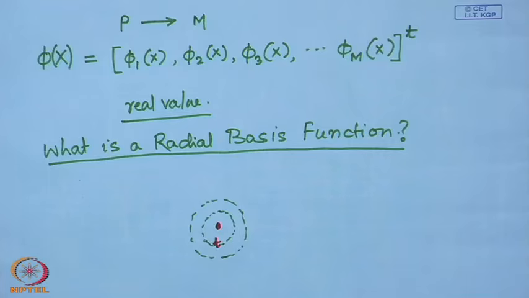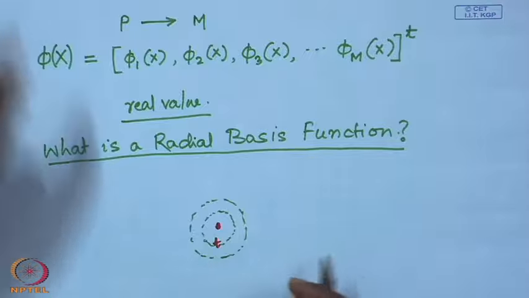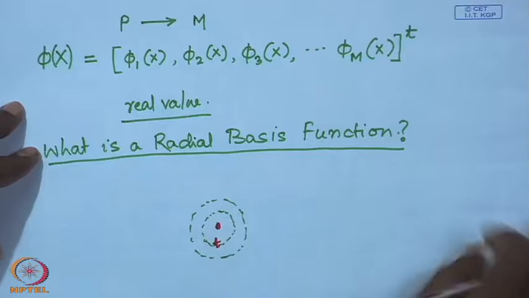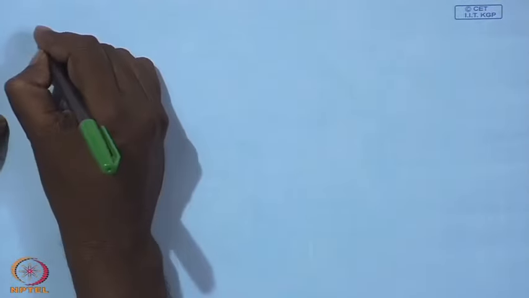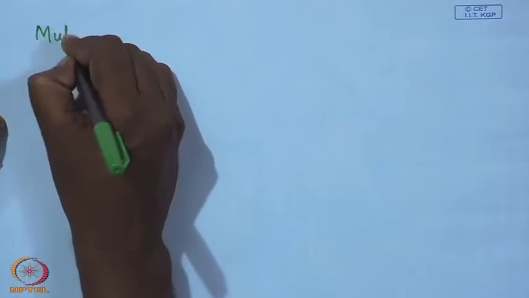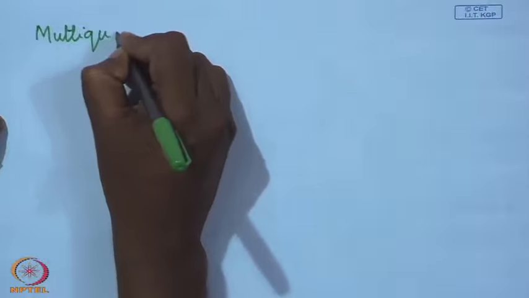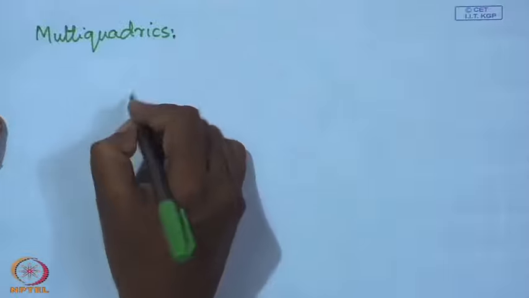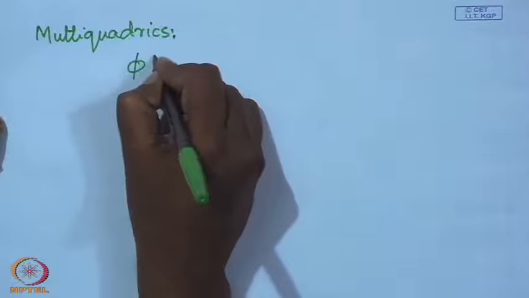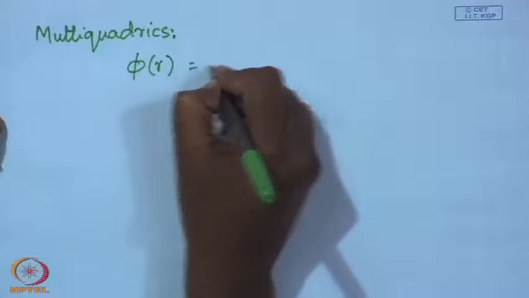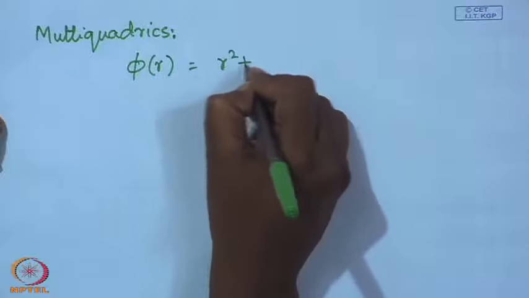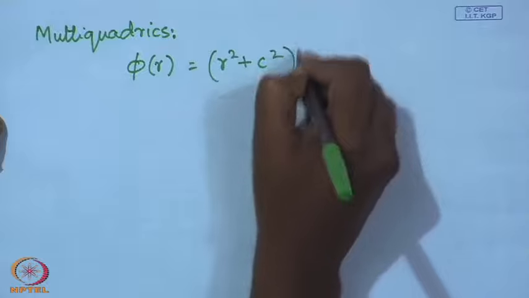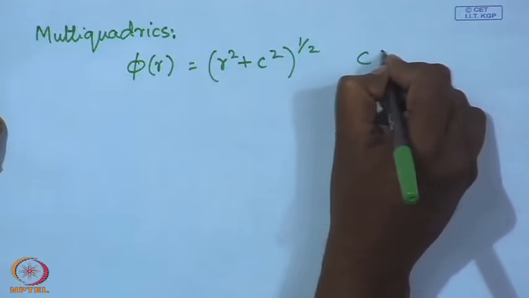One of them is called multi-quadrics, which is given by phi of r is equal to r square plus c square to the power half for c greater than 0.